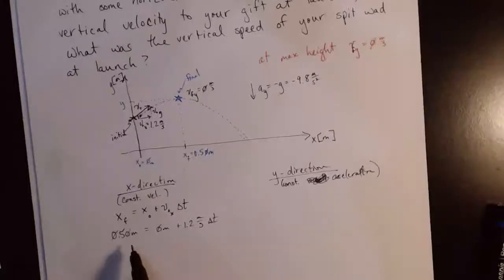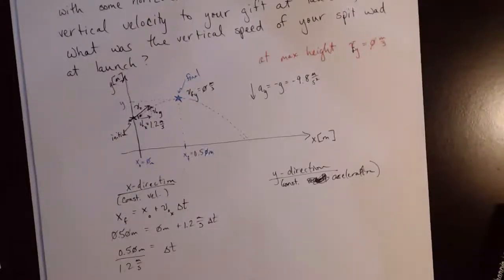So we can go ahead and solve for the time to get to that maximum position. 1.50 meters divided by 1.2, bring our 1.2 over to the other side, equals delta t. So that is our value for delta t.